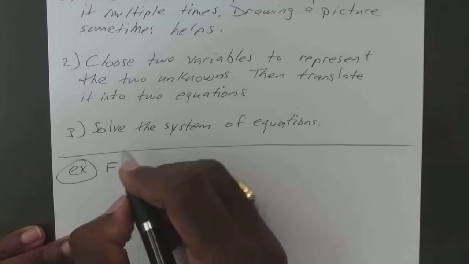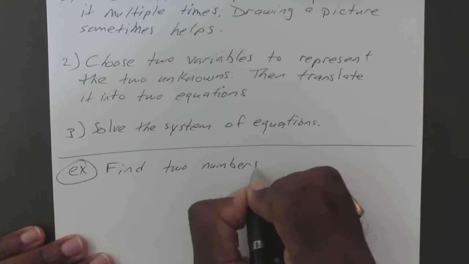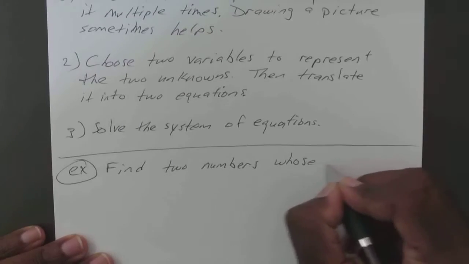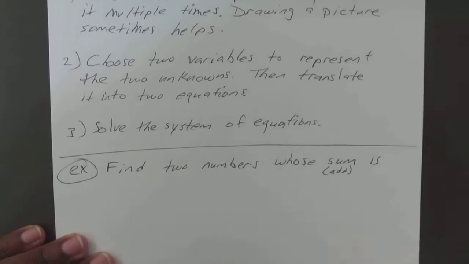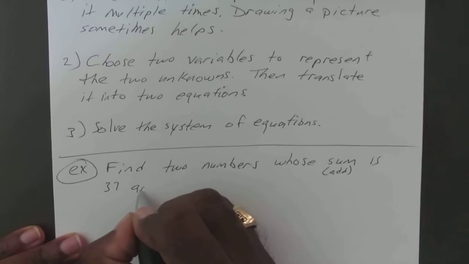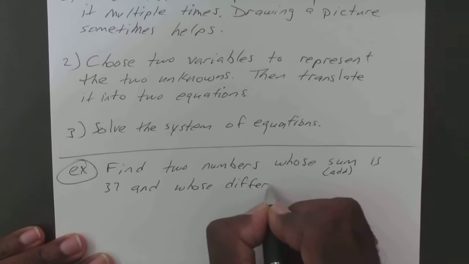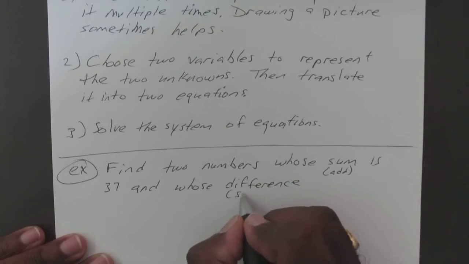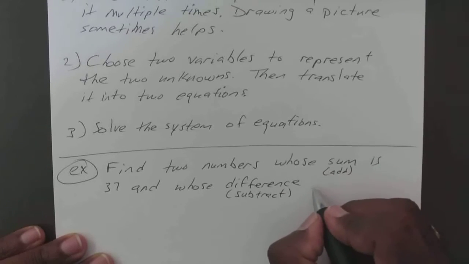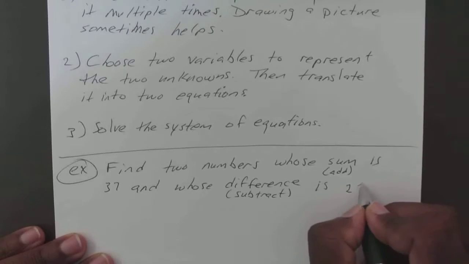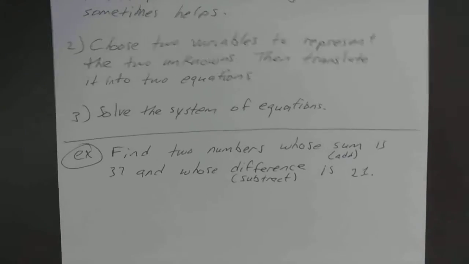So let's say if you wanted to find two numbers whose sum, remember sum is just a fancy way to say add, is 37, and whose difference, remember that's just a fancy way to say subtract, is 21.